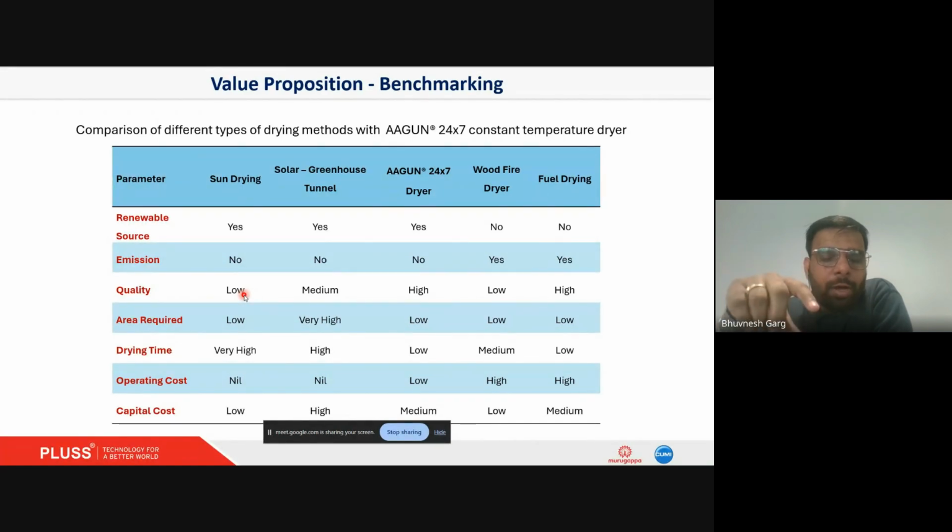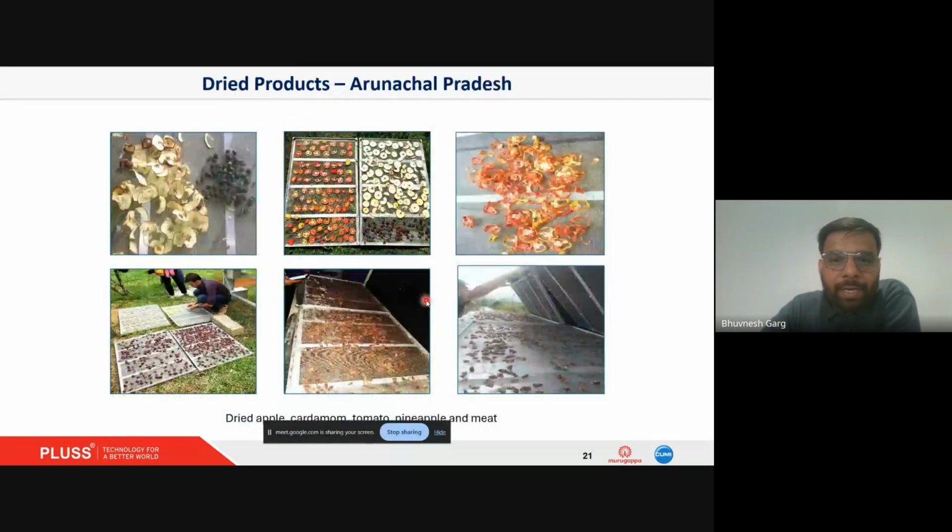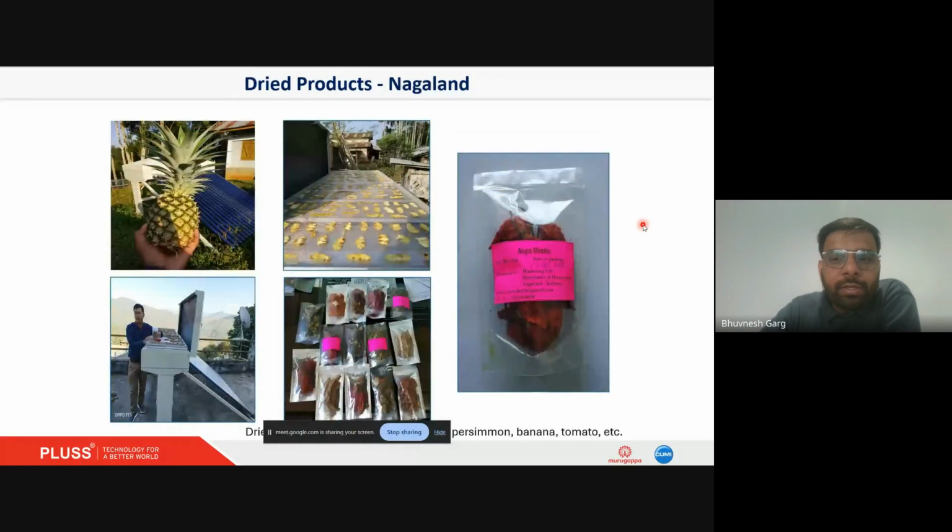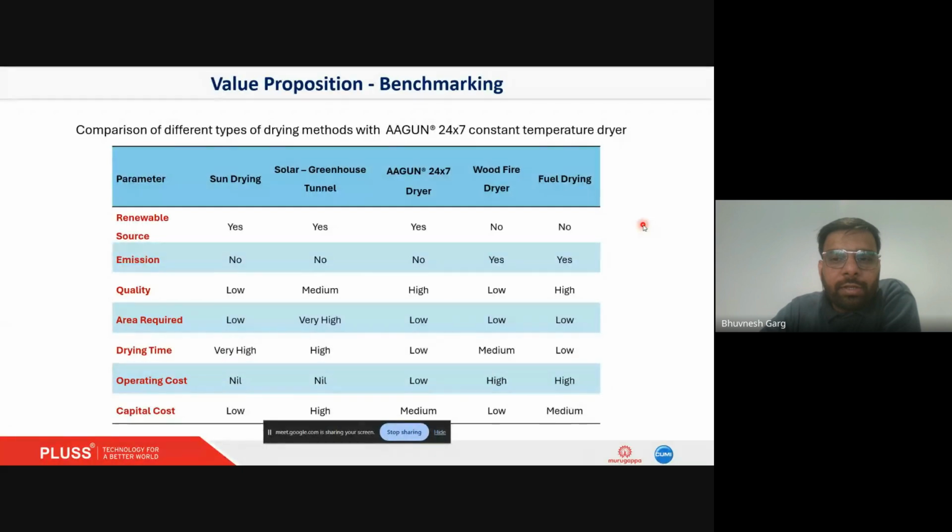Instead of that, if you are drying it in an argon dryer, it is an indirect kind of temperature maintenance. So the color of the tomato is maintained. You see this color of the tomato, it is exactly the same as before drying. There is no change in the color. So this is the quality of the product which is coming out of the argon dryer.